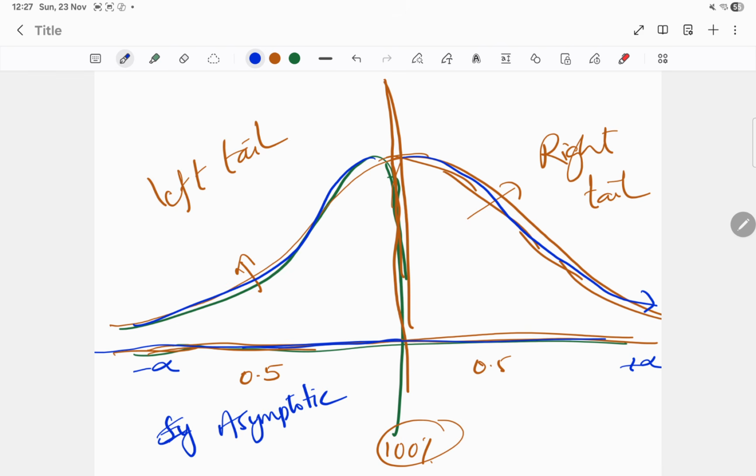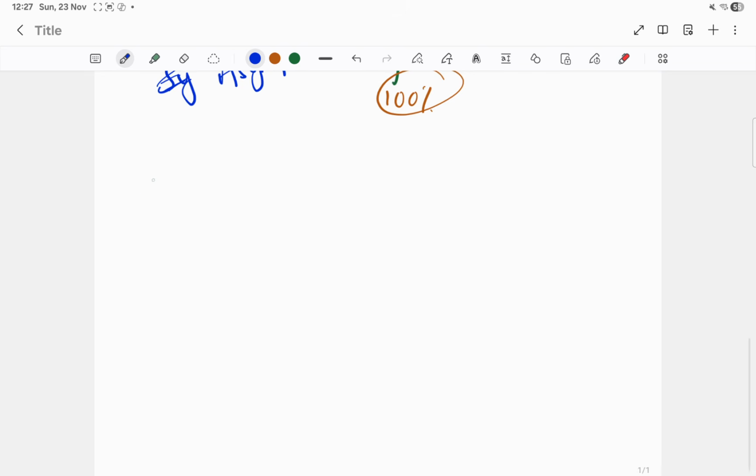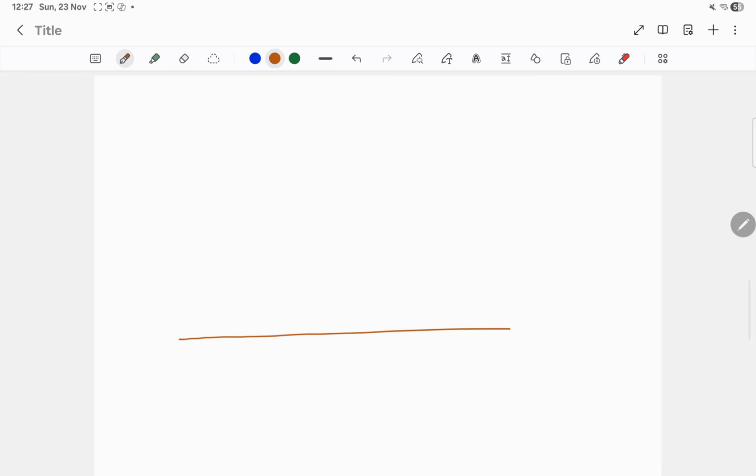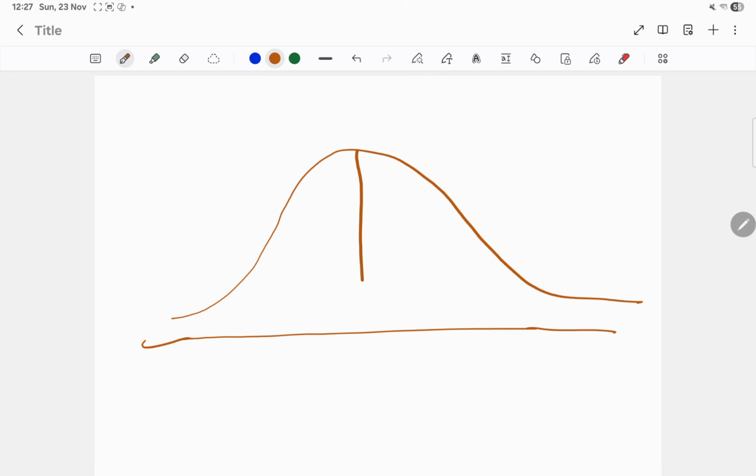And coming to the last one, we call it the area property. Area property is a very important one to solve problems. In the area property, if you have a normal curve like this, the center line represents the mean, which is represented by mu in normal distribution, and from this towards the left, the spreading is called standard deviation.